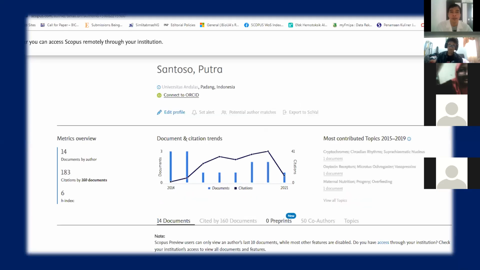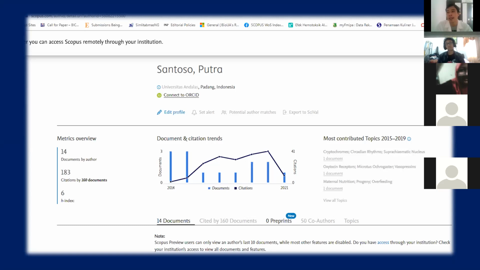And here is my profile in scientific writing. If you access Scopus at scopus.com, this is a highly reputable indexing service for international publications. When you publish your research results in the form of a paper, these journals should be indexed by a reputable indexer.